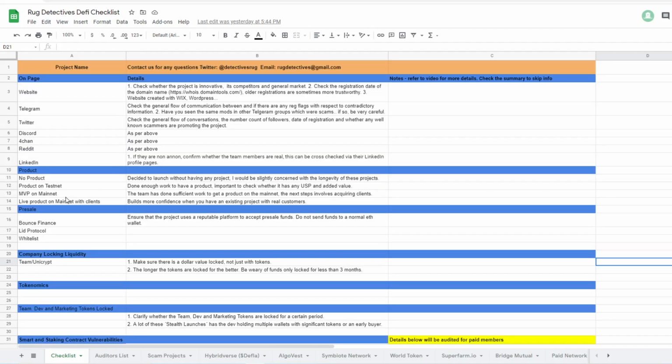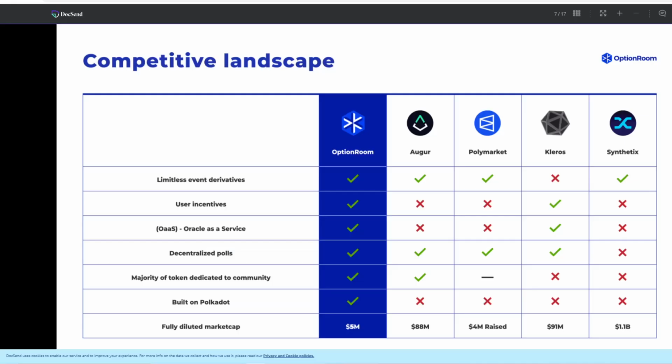So you can go down to the product, and it will say, okay, do they actually have a product that's currently on the testnet, on the mainnet? Is it launched? Where are we up to date? It just builds more confidence if this is something you're interested in, because you can have a specific roadmap, but we want to know where are they along that path.